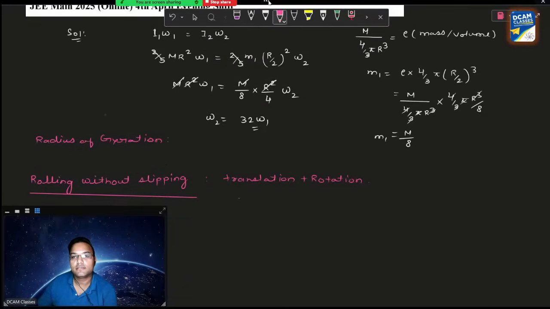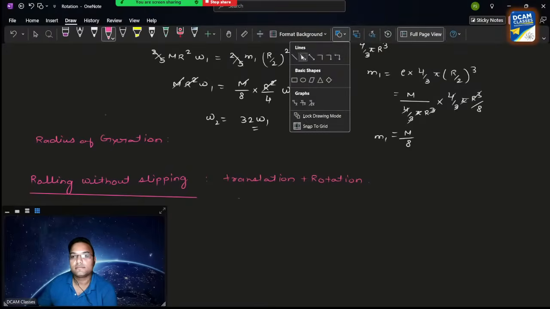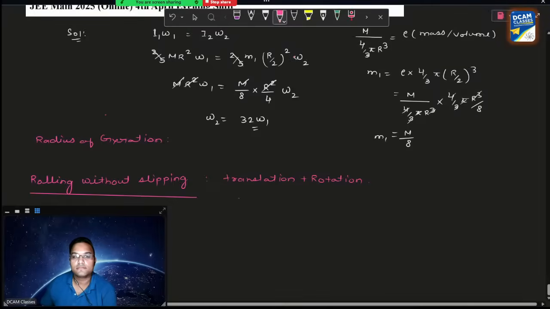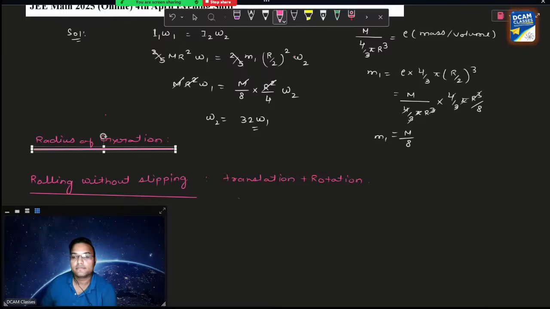Is it something like I equals m k square? Or k is I by m under root? Same thing, you are telling the same thing. See, whatever moment of inertia, you have a different one for every body. You have different kinds of bodies with different kinds of moment of inertia.